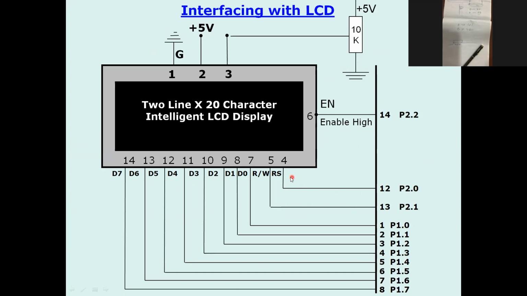P2.0 is nothing but RS. This is the command word, that's why RS is equal to 0. If I give data like A, B, C, D to display, then RS will be 1. To send a command RS should be 0, and to display data RS should be 1. In both cases RW should be 0 because we are always writing.